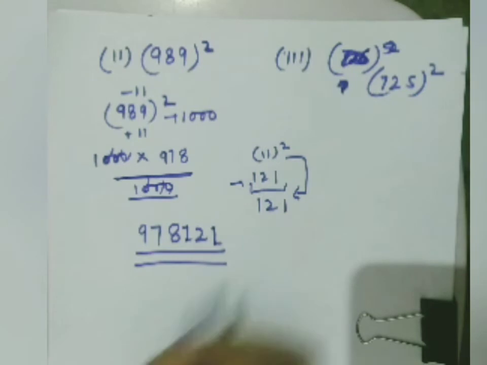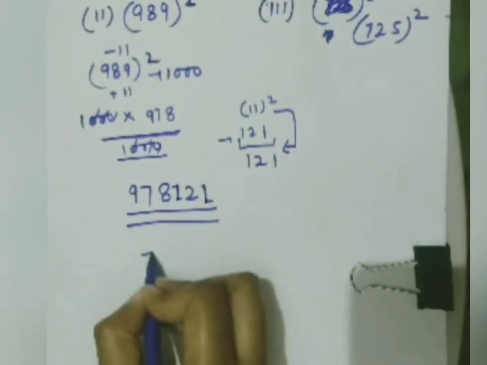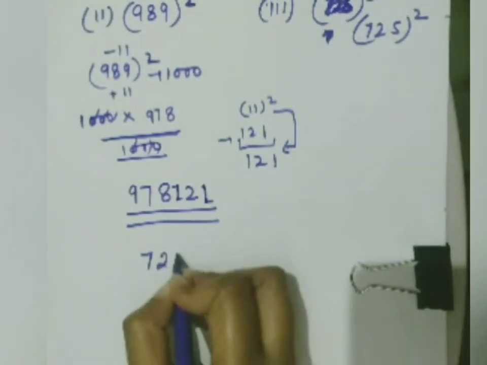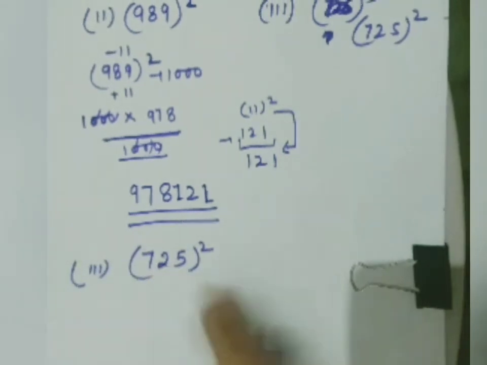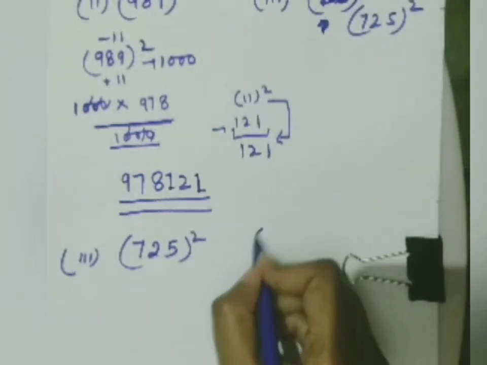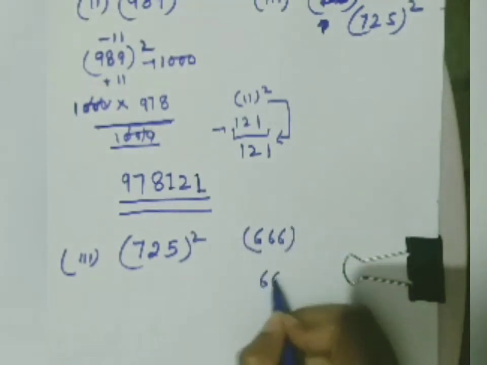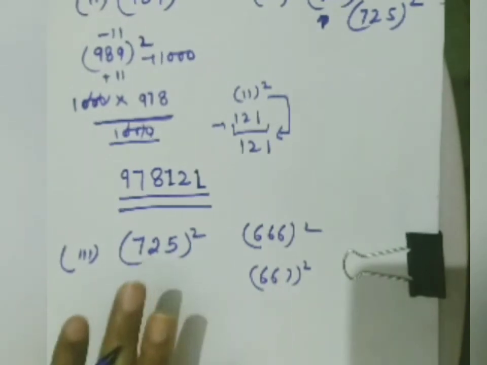Now let us take one more number which comes in between 100 and 1000. I have chosen this number, 725. You can say, ma'am, it can be 666 also, 667 also, any number, but you will have to repeat the same steps which I will tell you here.